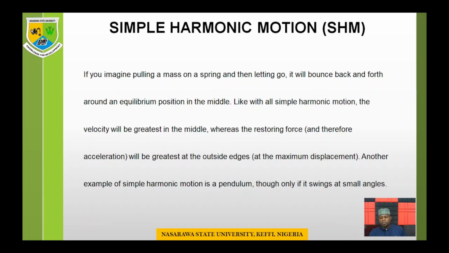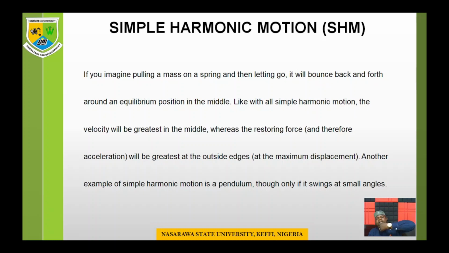Another example of simple harmonic motion is a pendulum, just like I said earlier, though only if it swings at small angles. You have a pendulum bob tied to a rope.